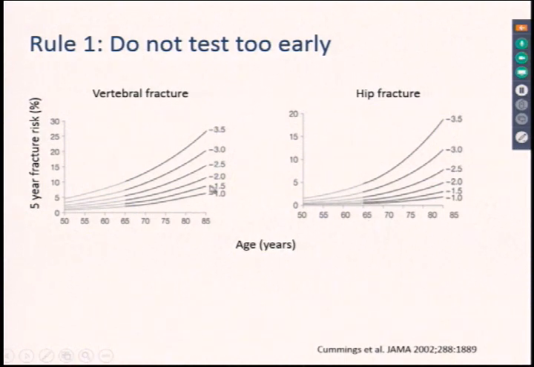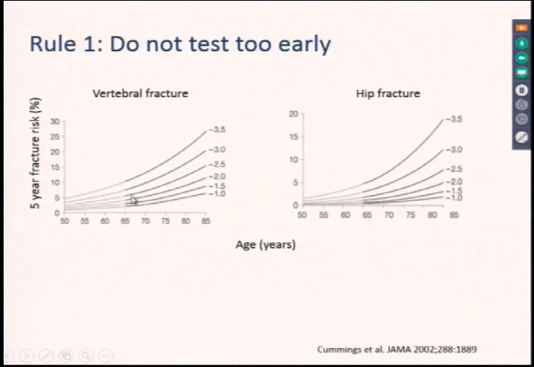It correlates the patient's T-score with their age and estimates their 5-year risk of fracture per T-score per age. So what I want to point out here is that when you're in the younger age group, really your risk of fracture is pretty low no matter what your T-score is. Okay?